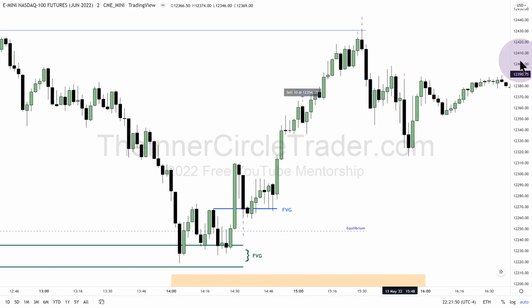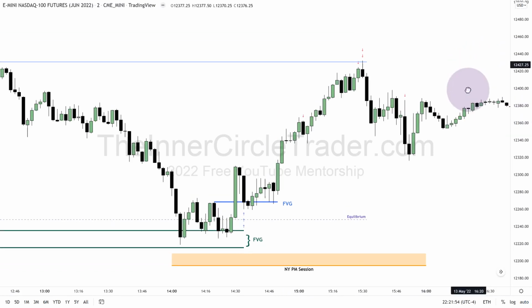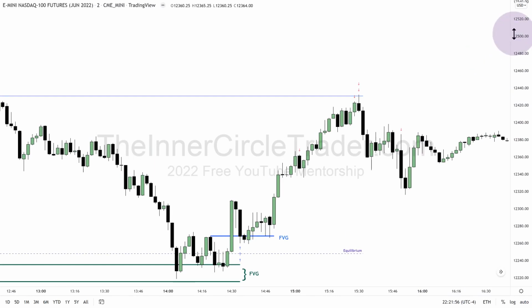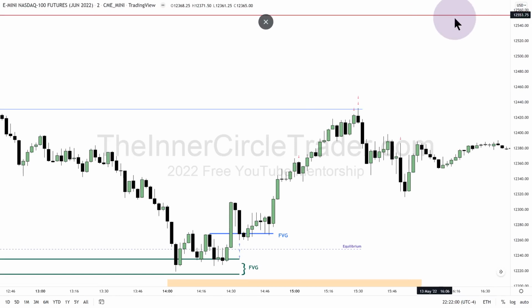And I was looking for it to maybe stage a run up into that 12,553 level that I mentioned on my community posts. Okay. But obviously we were running out of time today, and I messed up on the close of the 20 contracts because I wanted to take off 20 above here, and I tried to put it in as a limit order, but it ended up closing as market.